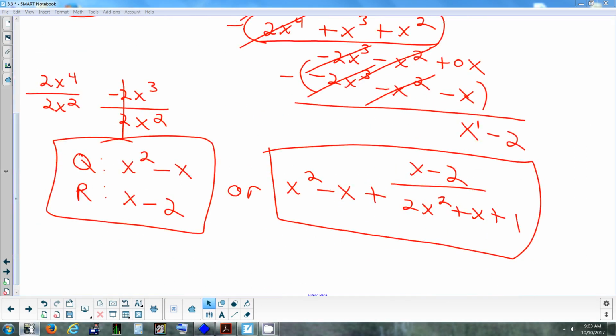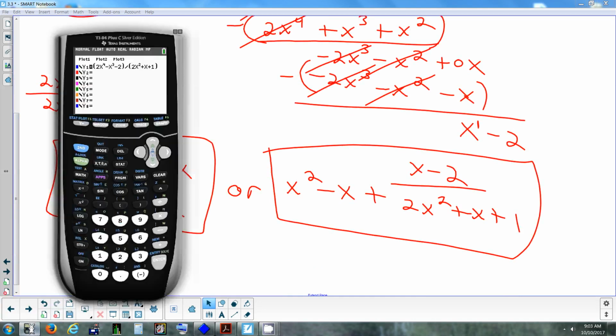And now let's type in what we think the answer is. All right, so we've got, in parentheses, x squared minus x plus, let's see, I'm going to try x minus 2, and then divided by 2x squared plus x plus 1.